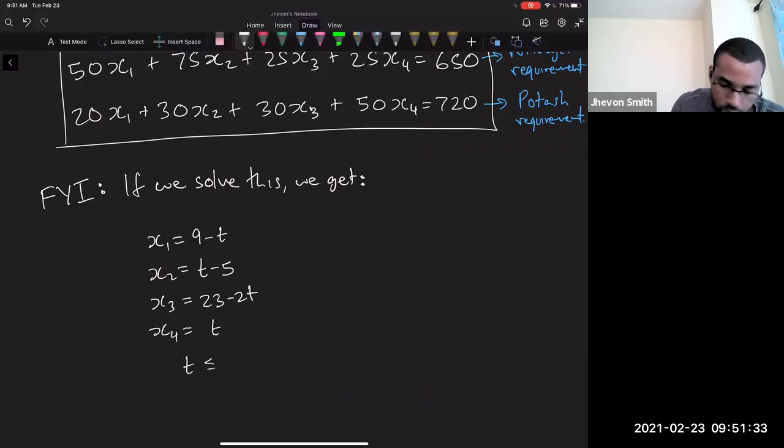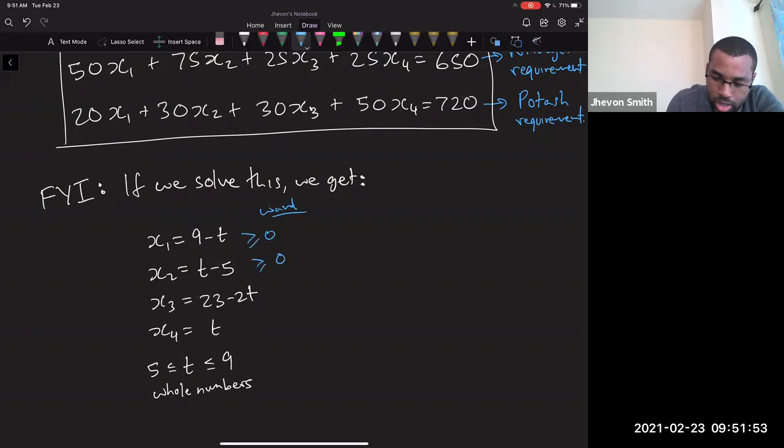T, I would let range from 5 to 9, and it's whole numbers. We'll call them integers. Now, of course, I would want all of these guys to be greater than or equal to 0, and whole numbers.